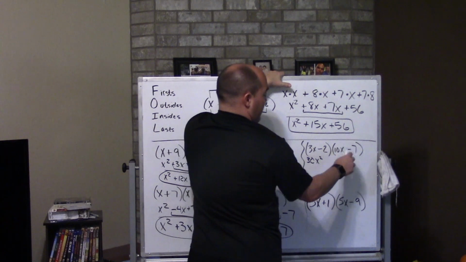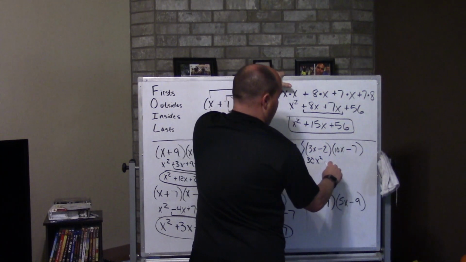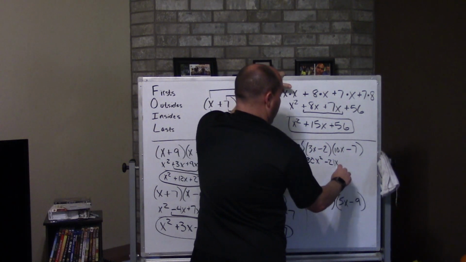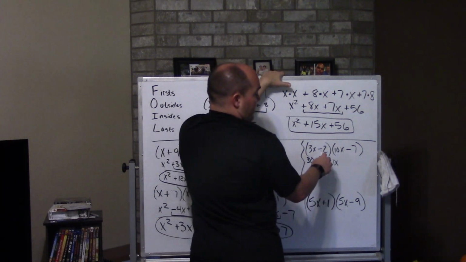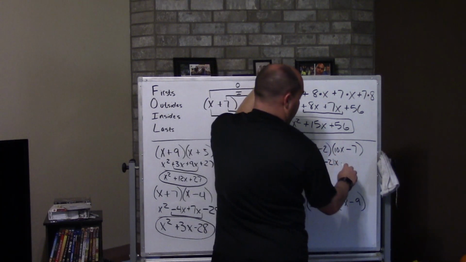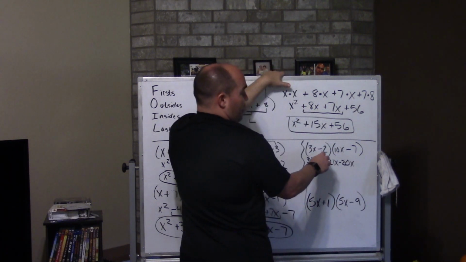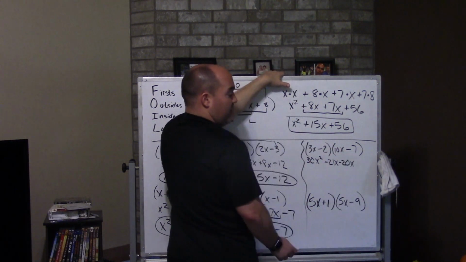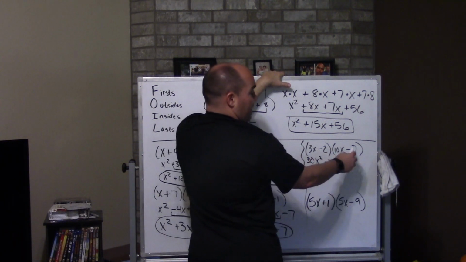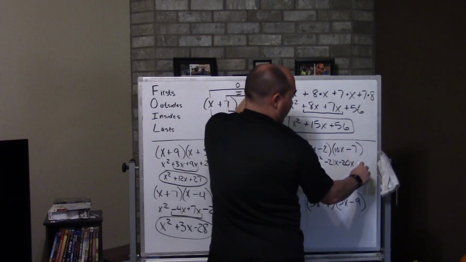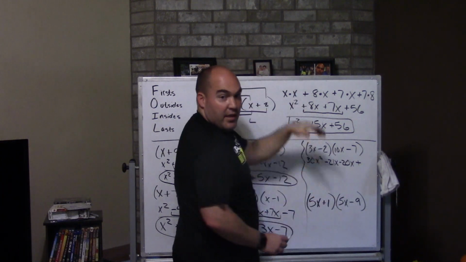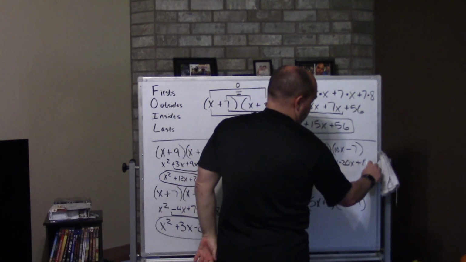Outside is 3x times negative 7, so that is negative 21x. Inside is negative 2 times 10x, so that is negative 20x. And then negative 2 times negative 7, those are my last terms. So a negative times a negative is going to be positive, and 2 times 7 is 14.